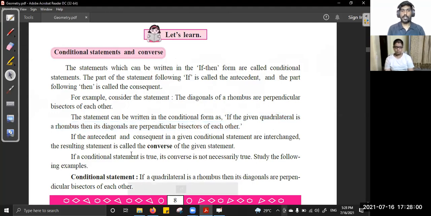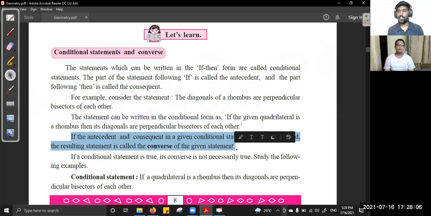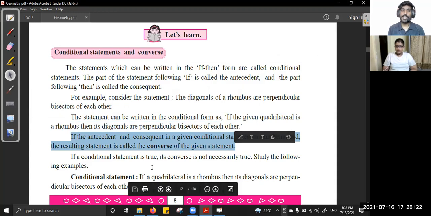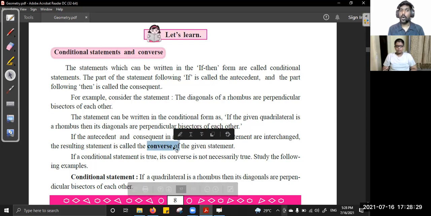Now, look at this statement here. If the antecedent and consequent in a given conditional statement are interchanged, that means in place of the antecedent you write the consequent, and in place of the consequent you write the antecedent, then the new statement that is formed will be called the converse of the given statement.